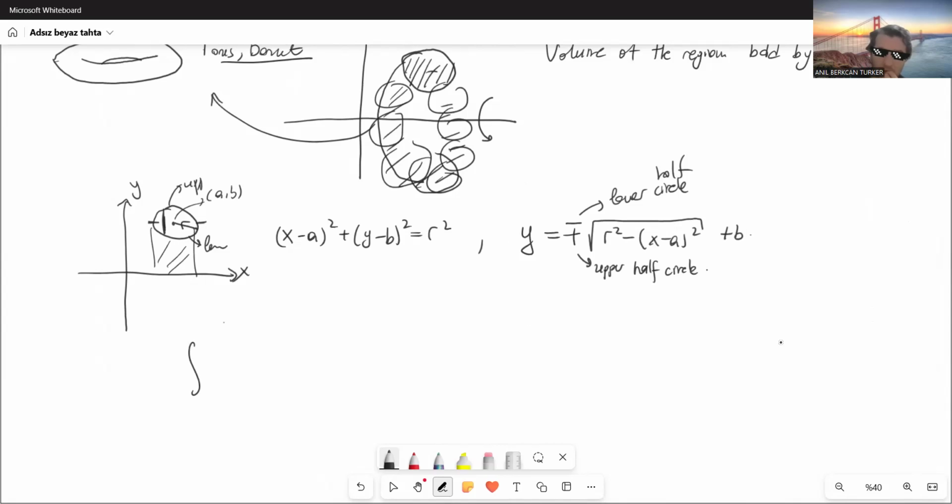So the integral is, okay, now let's not make the same mistake. My center is a, so this part is x equals a. Now this part is a plus r. This part is a minus r. So I'm going to take the integral from a minus r to a plus r.